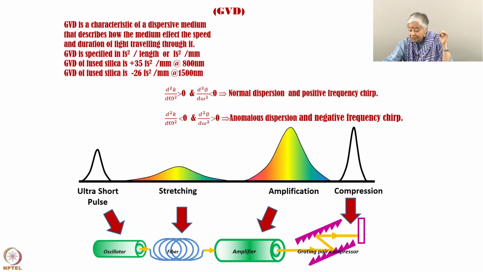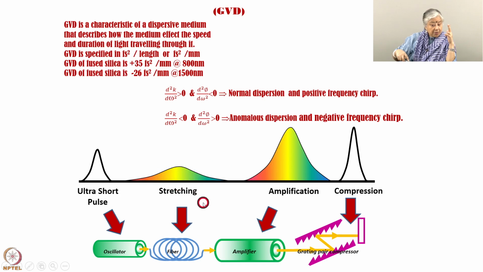They used a fiber here, fiber to stretch the pulse or to get the GVD that they wanted. So you increase the length of the fiber or reduce the length of that fiber, depending on that you will get the amount of GVD you require, or finally the amount of stretch in the temporal profile that you require.